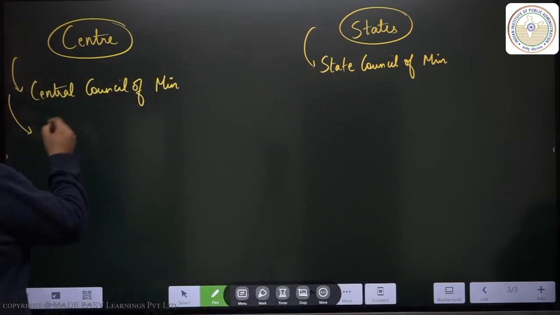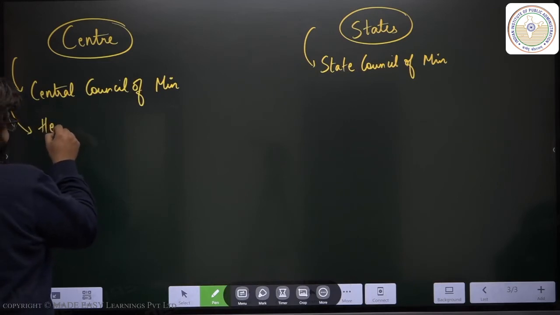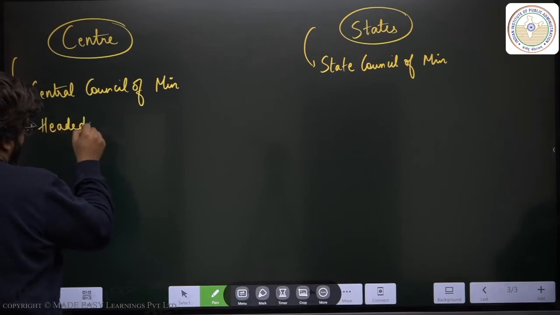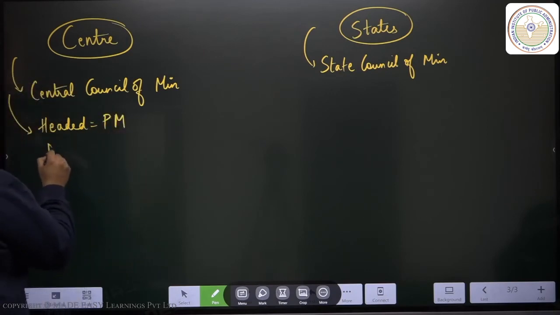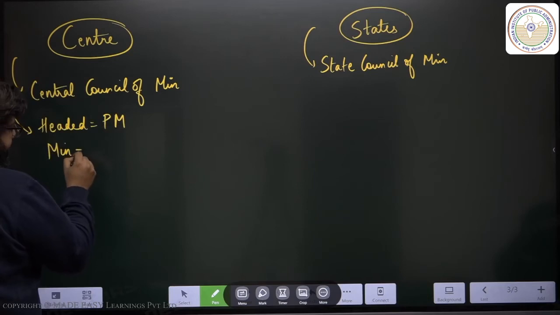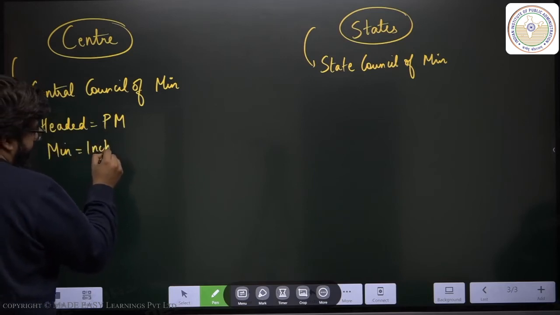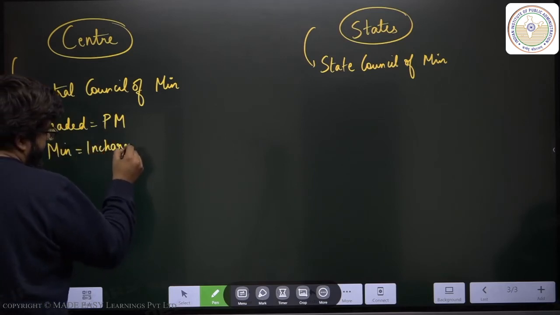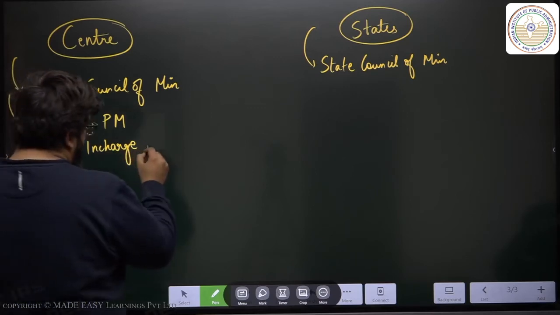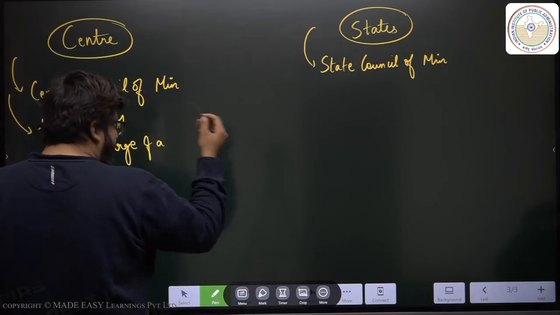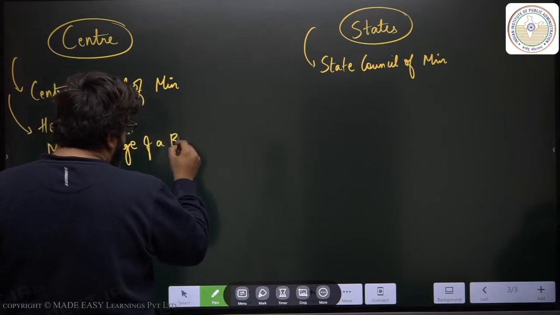Of course, headed by the PM. Then you have something called a minister who is in charge of a large or a big ministry.